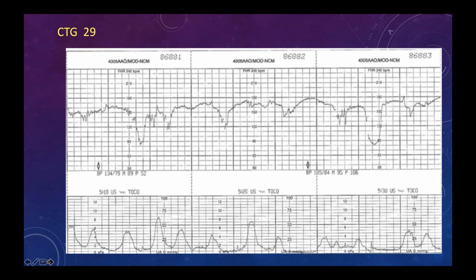The baseline is 160 and the variability is good, ma'am. Variability is more than 5. And these are variable decelerations with concerning features. So it makes it one NR feature, so it is a suspicious CTG, ma'am.